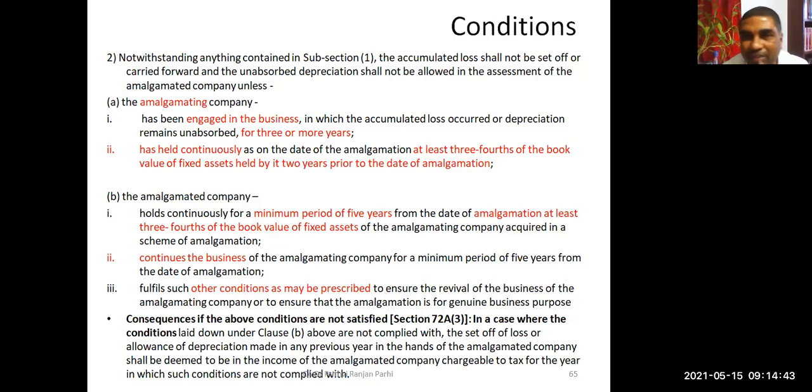But to avail that advantage, there are certain conditions. Did you understand what the advantage is?